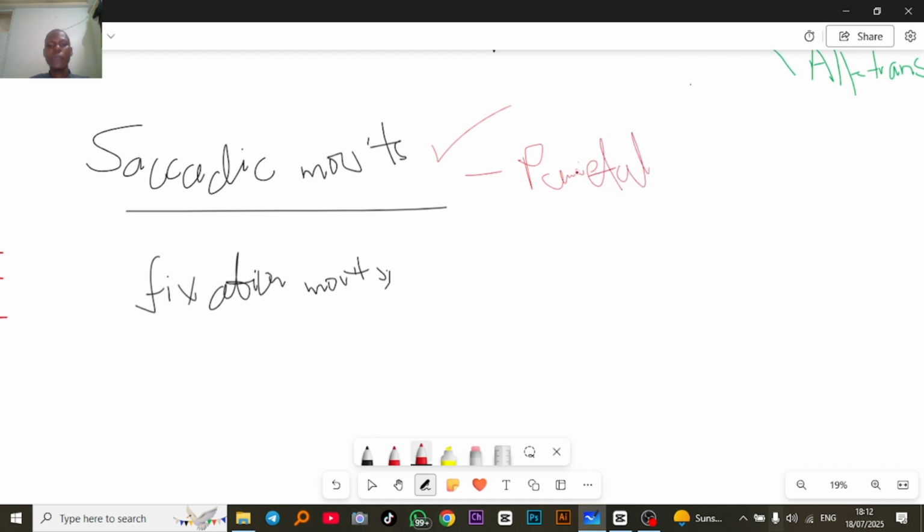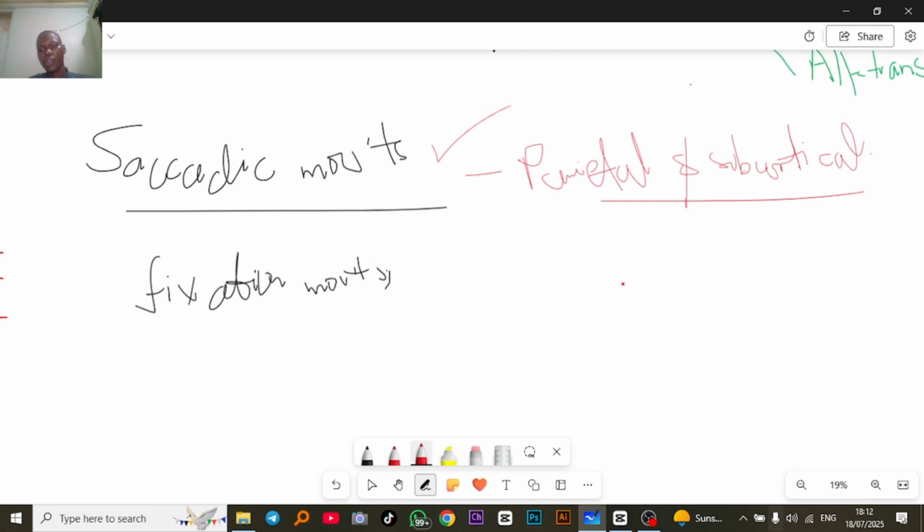The control involves the parietal and the subcortical regions. If you want more details, you can check it out, but for now, you need to know what saccadic movements are, their importance, and their control.